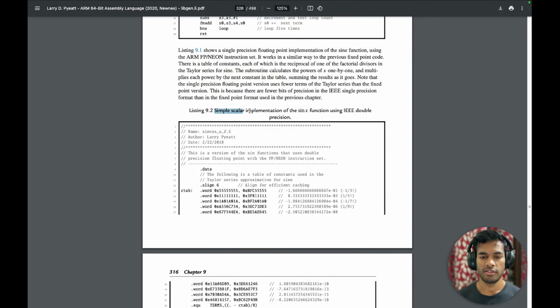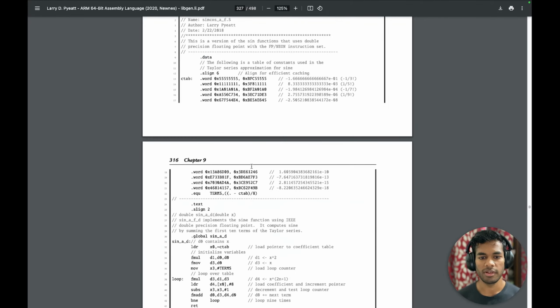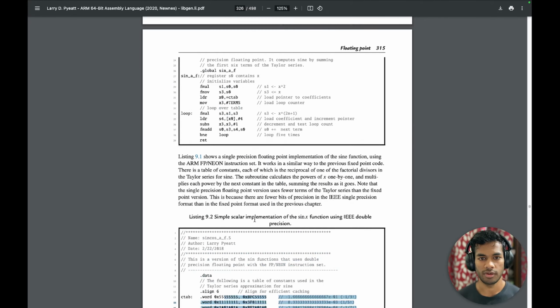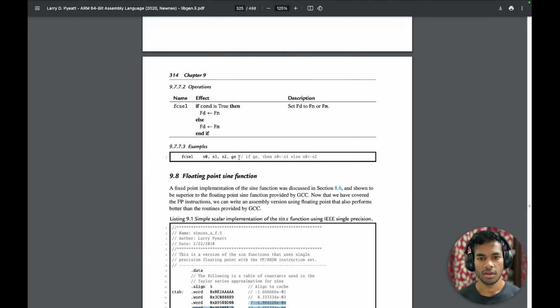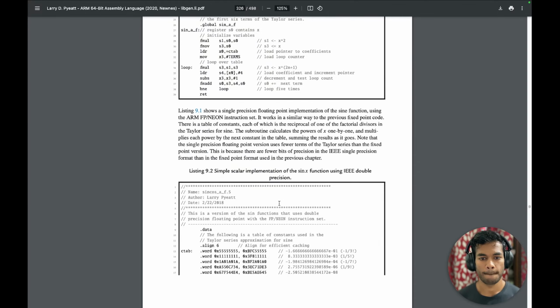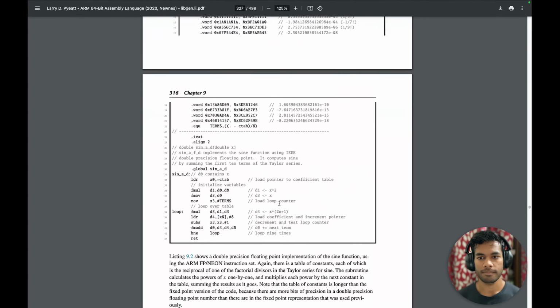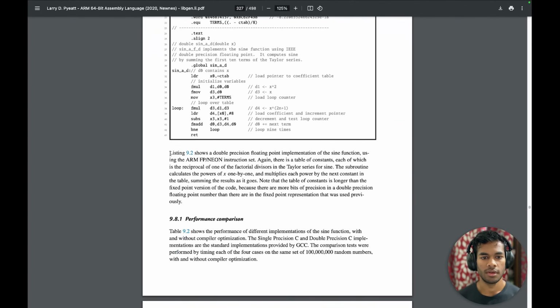Okay. Simple scalar implementation of the sine x function using IEEE double precision. This one uses double precision values and this one uses single precision. And then what we have? This 9.2 shows a double precision floating point implementation of the sine function.